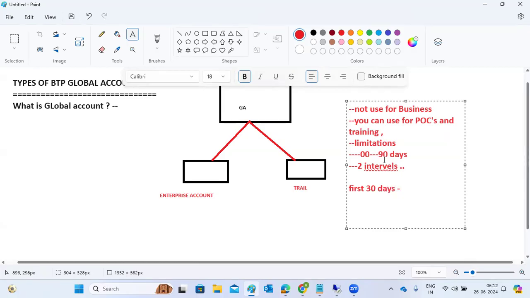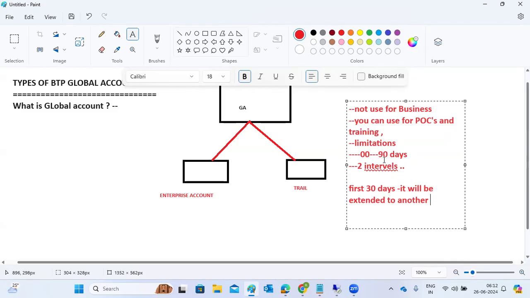If you log into the trial account at any time in the first 30 days, it will be extended by another 30 days, or another 60 days.